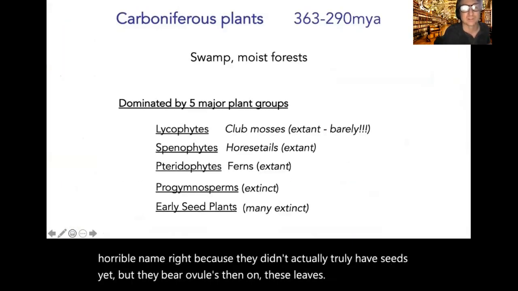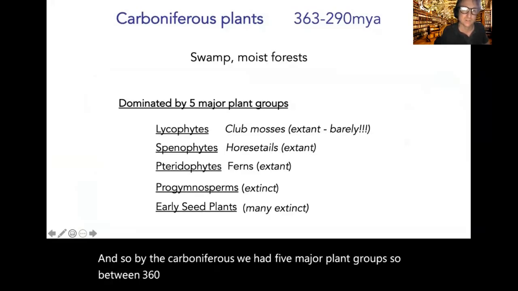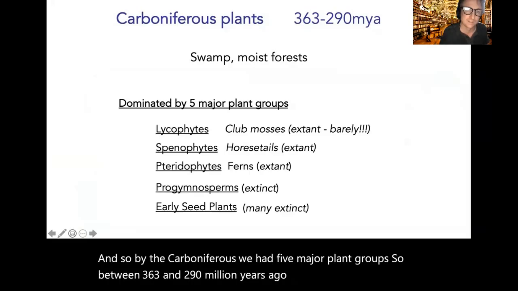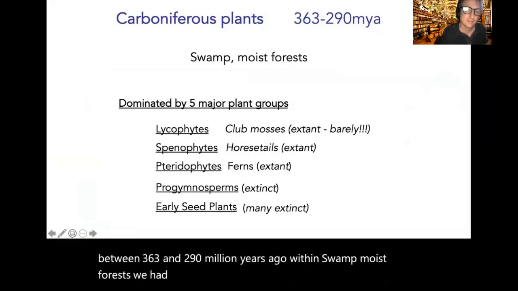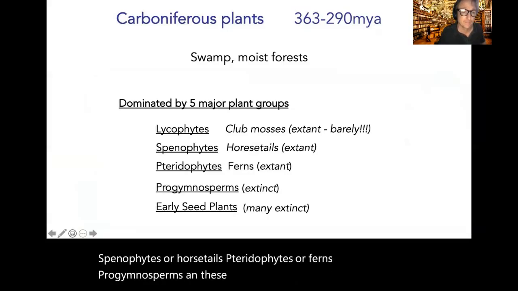By the Carboniferous, we had five major plant groups. Between 363 and 290 million years ago, within swamp moist forests, we had lycopods, sphenophytes or horsetails, pteridophytes or ferns, pro-Gymnosperms, and these early seed plants.